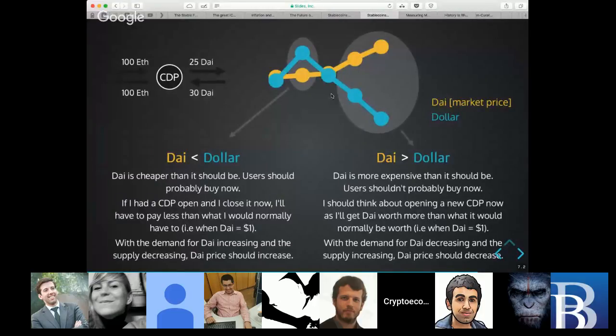Not by acting directly as a central authority with monetary policy, supply and demand of the cryptocurrency, but automatically, by the smart contract inversing the incentives in one way or the other, to change the behavior of people looking to make a profit, so that they themselves, in making a profit, participate in stabilizing the token itself and allow normal users to almost always be able to buy the DAI at a price close to the stability reference, in this case, the dollar.